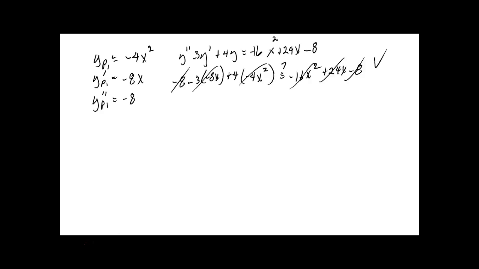Now, they also tell us that y sub p2 equals e to the 2x is a particular solution to the very same thing, y double prime minus 3y prime plus 4y equal to 2e to the 2x.